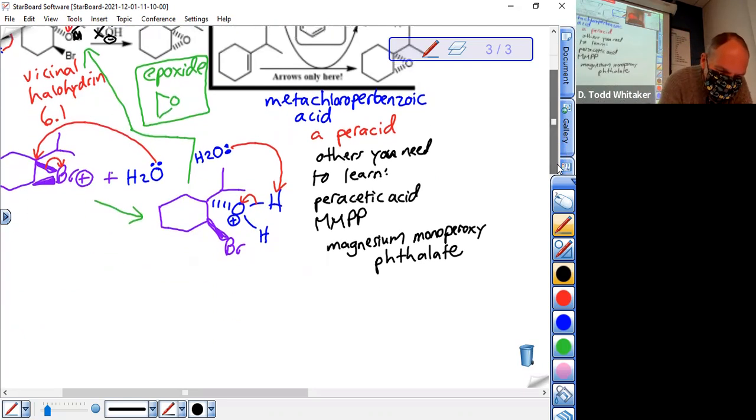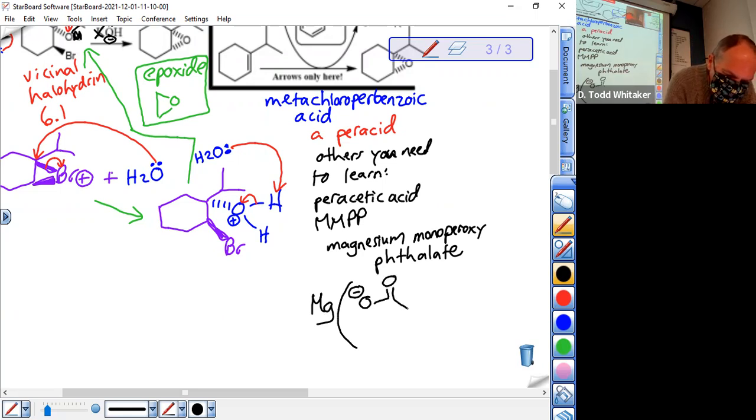And what it looks like, if you're curious, magnesium is a cation with a 2+, right? So what happens is you get two of these anions. Phthalates are benzoic acid with 2 carboxylic acids. This one's got one of them as a per.